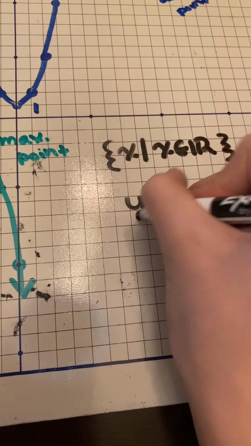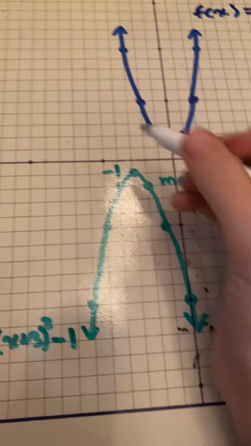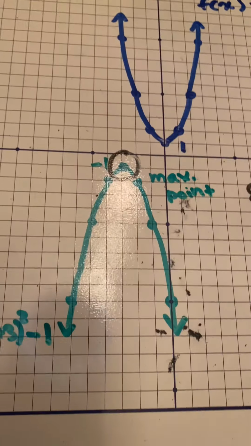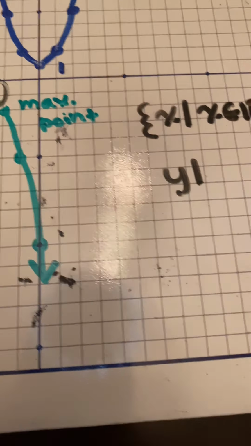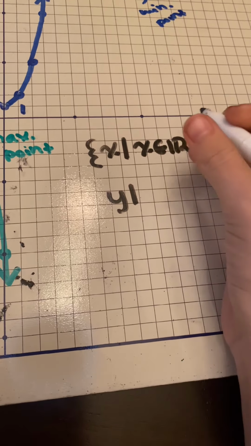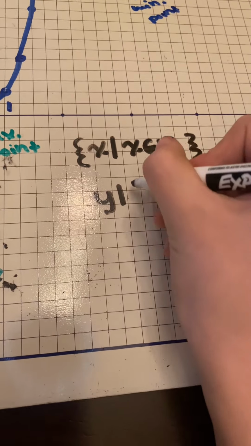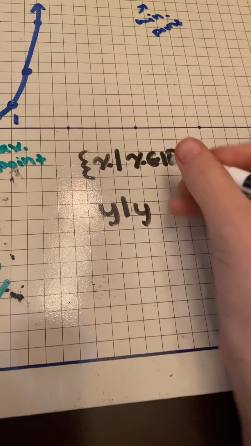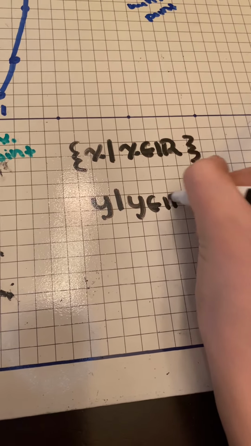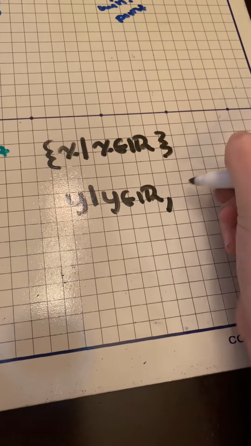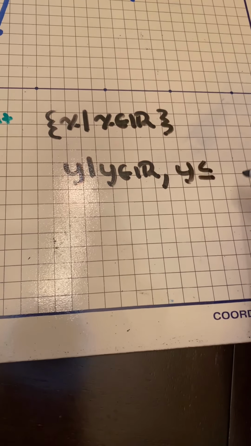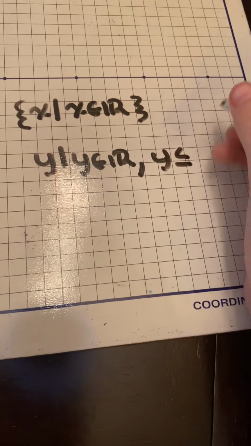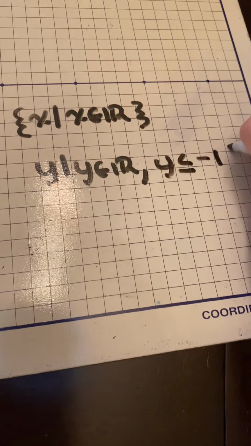And for your range, we know that -1 is your maximum point. So your range will be y is an element of all real numbers, being y is less than or equal to -1.